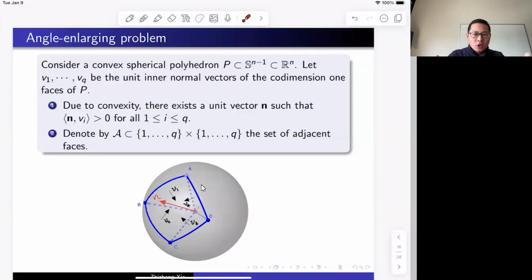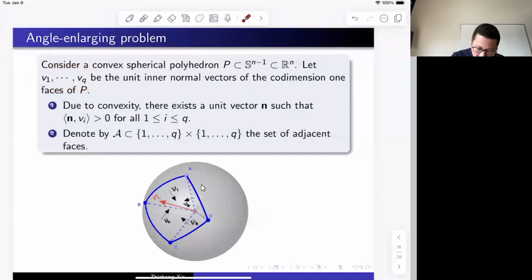So let's remind ourselves again, what's the angle enlargement problem? In the angle enlargement problem, you have a convex spherical polyhedron. For example, I have a picture right here. If you are thinking about dihedral angles and really changing the shape of the actual geometric shape, then what we really need is to keep track of these inner normal vectors.